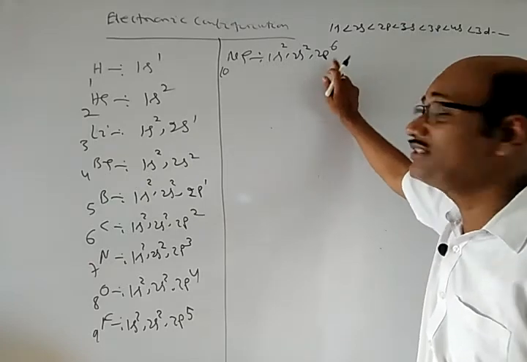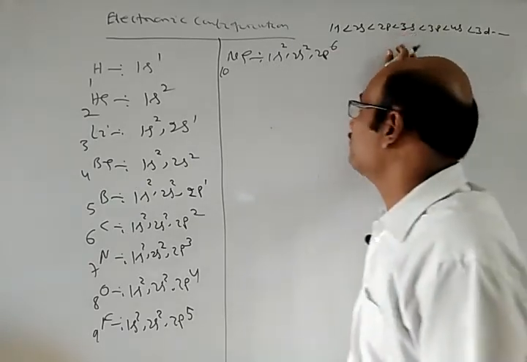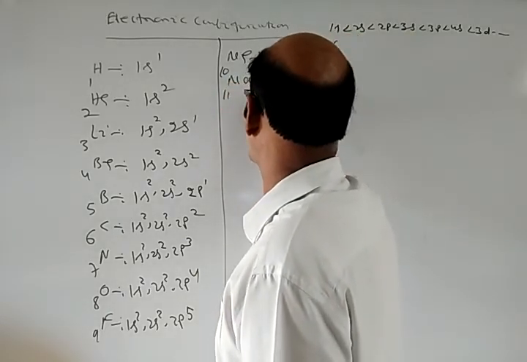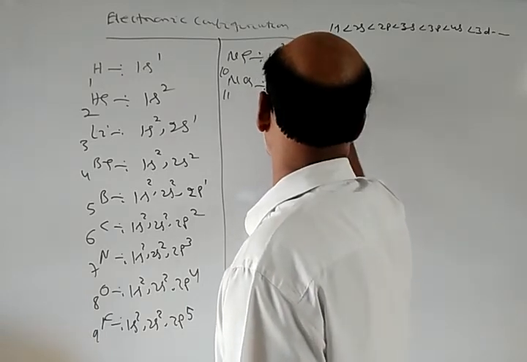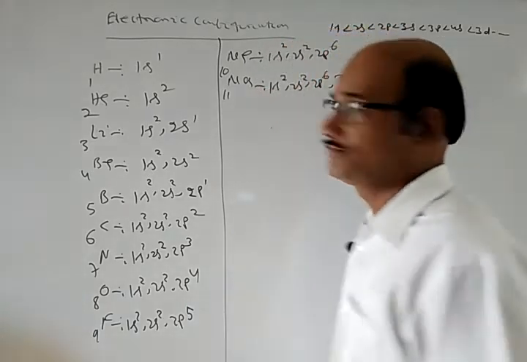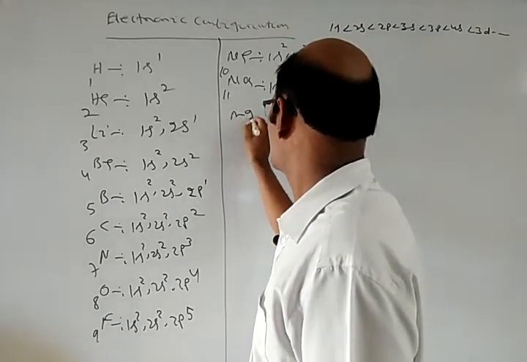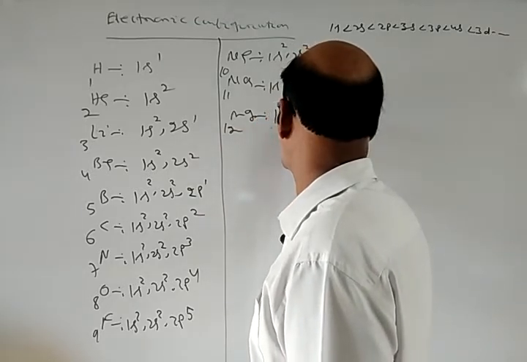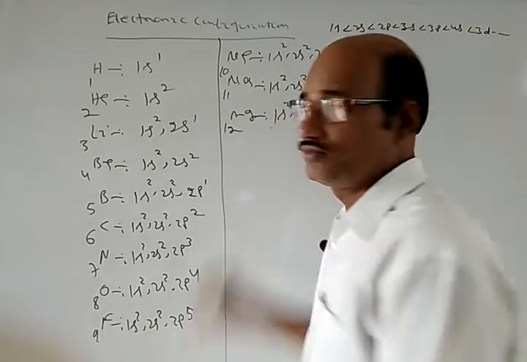So 2p with 6 is over. Then after that we will go to 3s. Sodium 11, 1s2, 2s2, 2p6, 3s1. Magnesium 12, 1s2, 2s2, 2p6, 3s2.